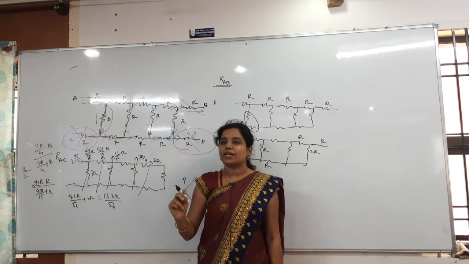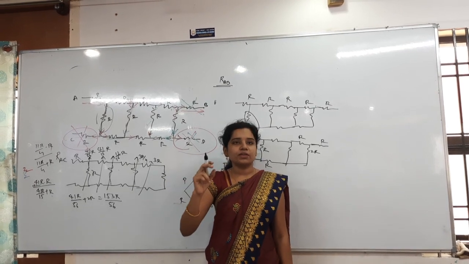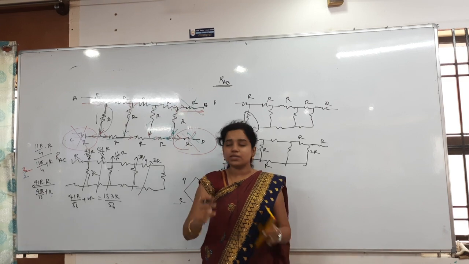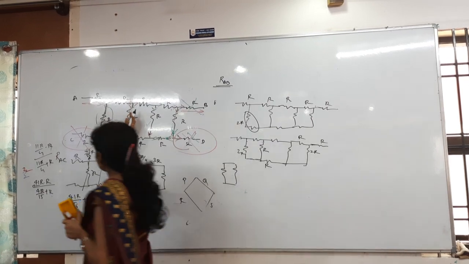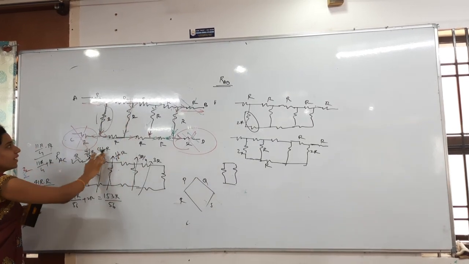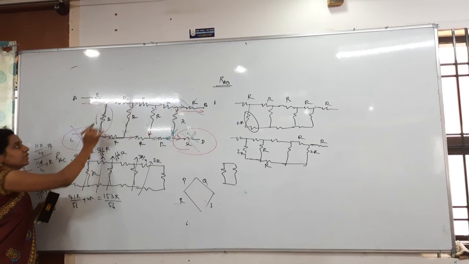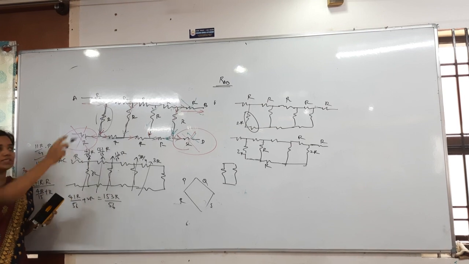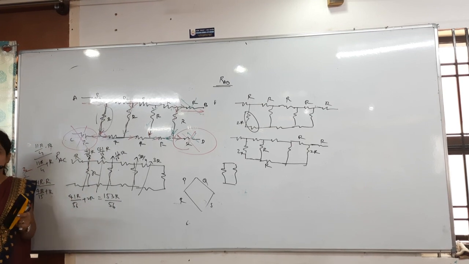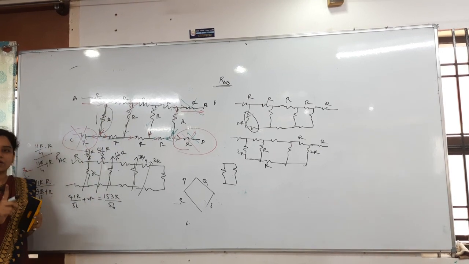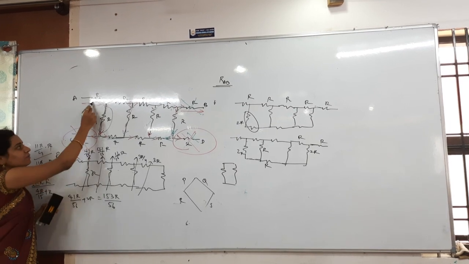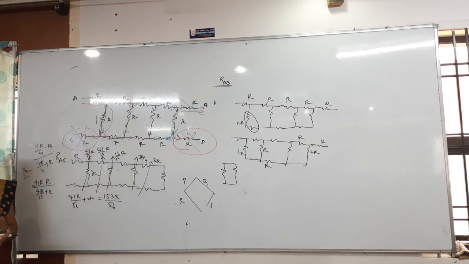Zero deflection is nothing but the current is coming as how much? Zero. Current given as 0 means, whenever you see the same concept, here also I have taken the 5 resistors. In those 5 resistors I can say that P by Q is exactly equal to R by S. Obviously this ratio R by R is how much? 1. This R by R also, how much? 1 only. Then P by Q is exactly balancing with R by S here.